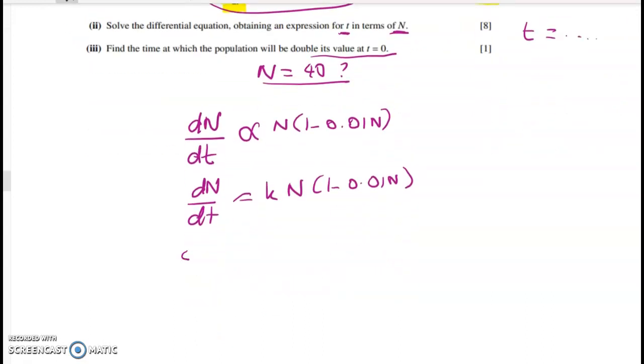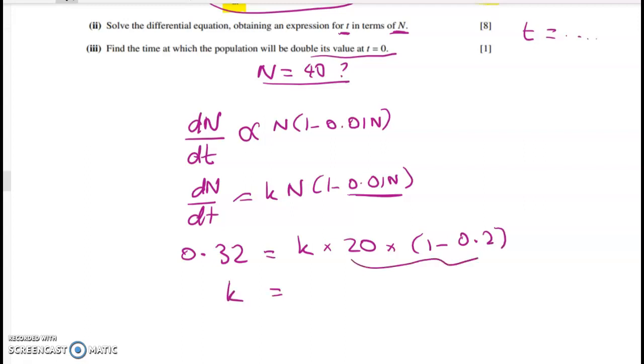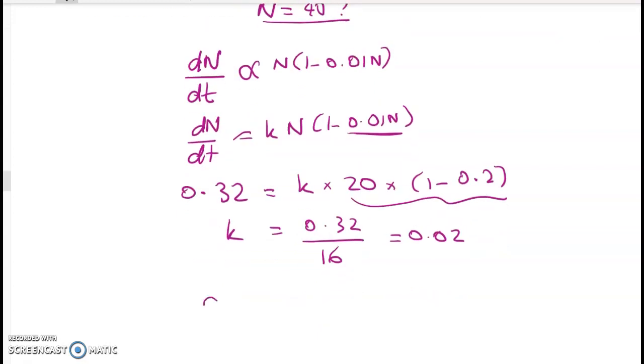Substituting in now gives me 0.32 is equal to k times 20 times 1 minus 0.2. So all up, what does that give me? Well, I get over here, this is 16. So k is equal to 0.32 over 16, which is 0.02. So dn by dt is equal to what we were given.